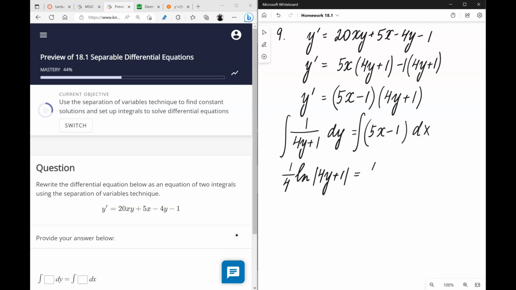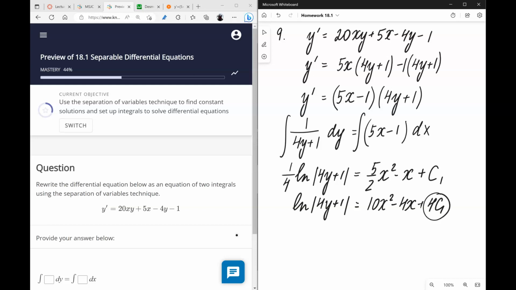And on the right side, we have 5 halves x squared minus x plus c1. So ln of 4y plus 1 is equal to, let's multiply everything by 4. So we have 10x squared minus 4x plus 4c1, which we now will call c2.